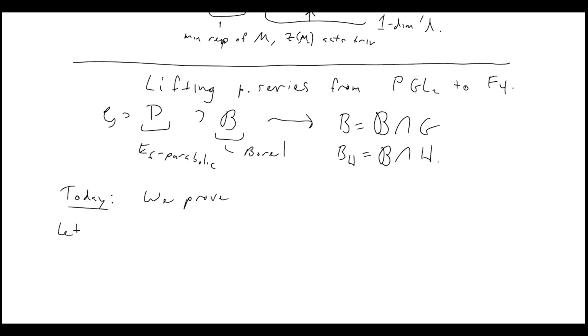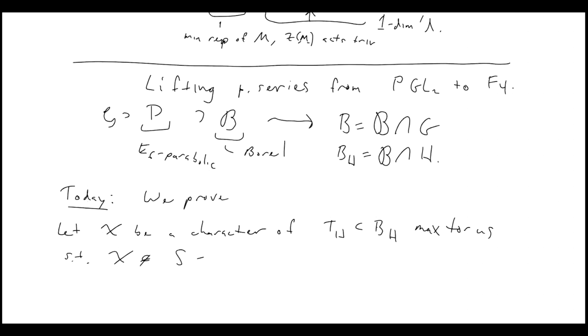So let chi be a character of T sub H, a maximal torus in B, such that this is not in S, which is some explicit set of two characters.